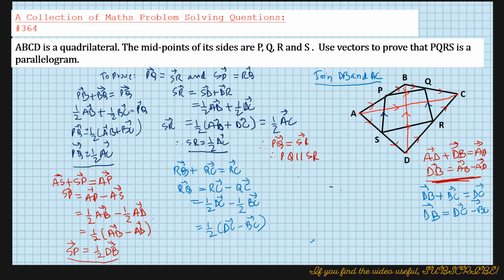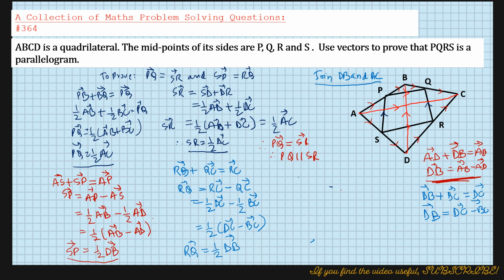So we write DB in terms of DC and BC: DB is DC minus BC. So you can write RQ equals half of DC minus BC, that is half of DB.